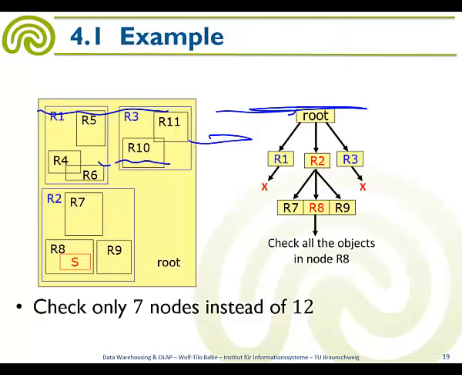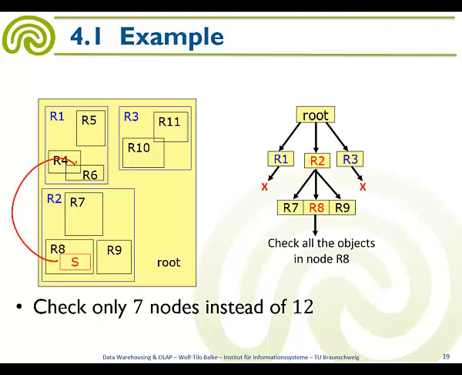An overlap here might be something like a point that is here. So imagine that our search query now is actually not here, but here, right? And now, when you start traversing the tree, you will go into the root, you go into R1, and R1 here will have R4, R5, R6, and then R4 might also have different children, and so on and so forth.